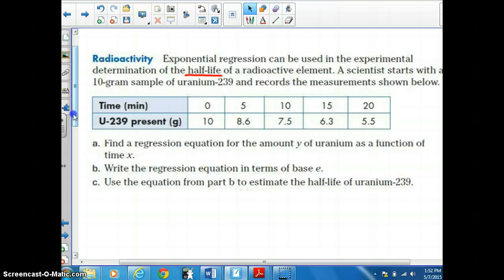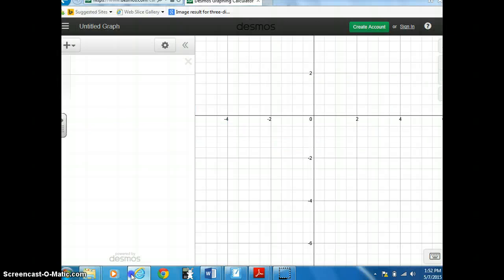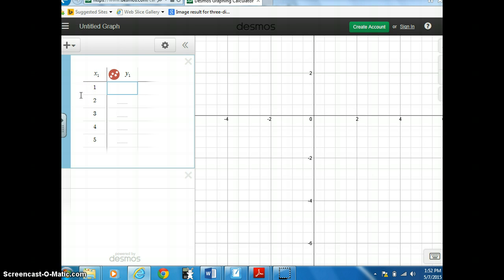I'm going to show you how to use Desmos for this, and we're going to ask Desmos to make us an exponential function. So I go to Desmos. What I'm going to do first, so you can do this along with me, is go to the plus sign and enter my data as my x and y.